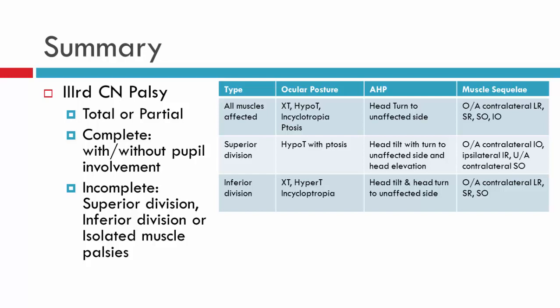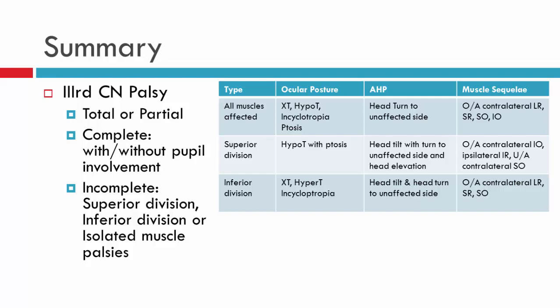So always look at your pupils and ensure that you identify whether the pupil has been involved or not. Again, if the pupil has been involved, then we need to consider space-occupying lesions and consider patients being scanned. We can also have incomplete third nerve palsies where either the superior division or the inferior division is affected, or where a single isolated muscle palsy can occur.